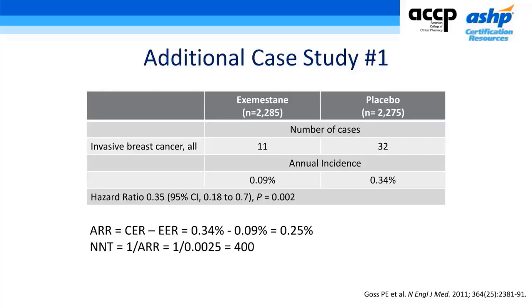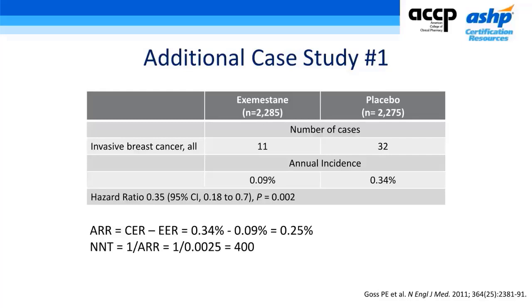Just based on the numbers, if you were only given the relative risk reduction, you would think this new drug was phenomenal. But what we really care about in practice is the absolute risk reduction. With 0.25% for the ER positive group, we see that the new drug maybe doesn't hold up to what we thought it might.